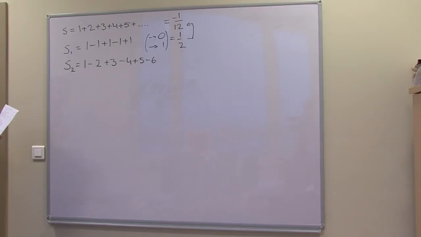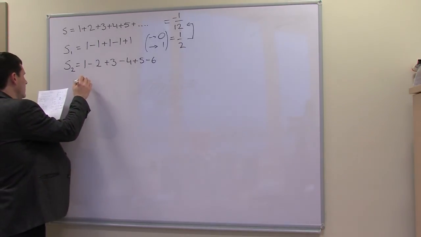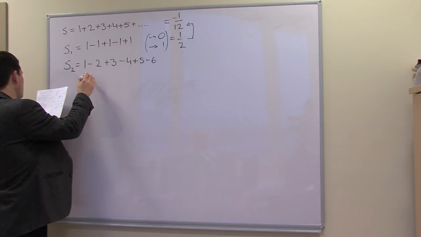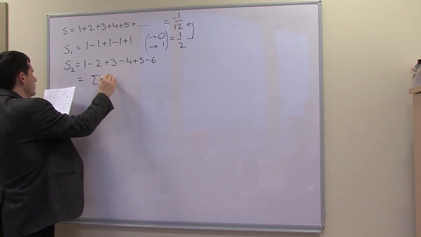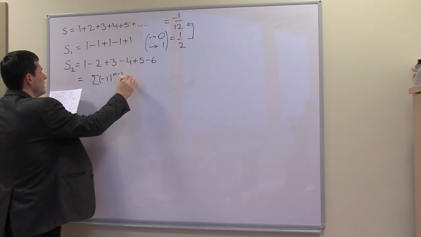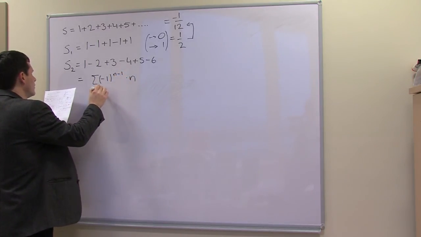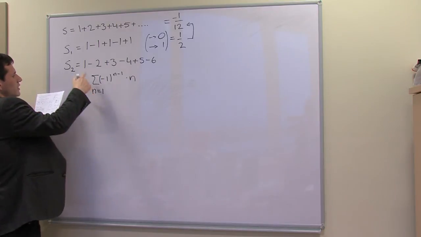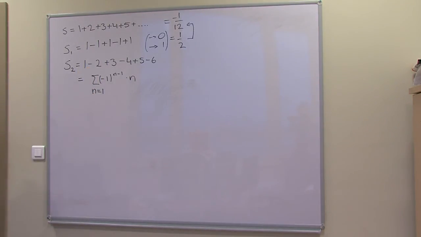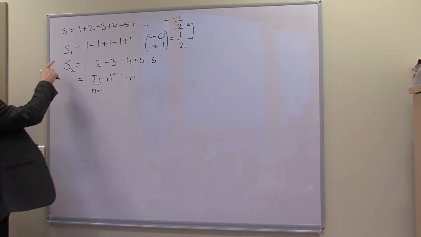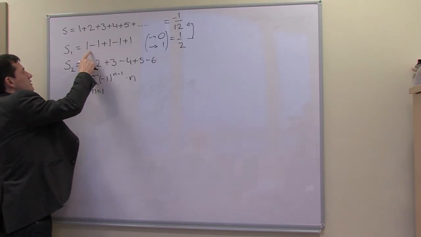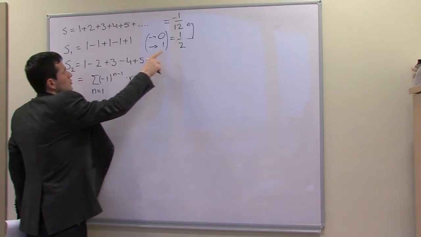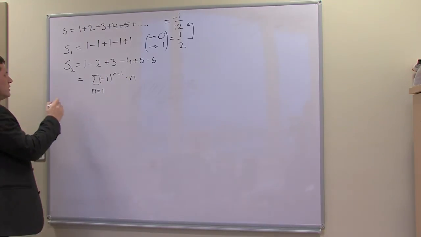This one may very well be defined as the sum of (-1) to the power n-1 times n, where n goes from 1 to very large values, let's say for the moment. So they first define s1, then they define s2, and then, also accepting that s1 was equal to 1/2, they do this.